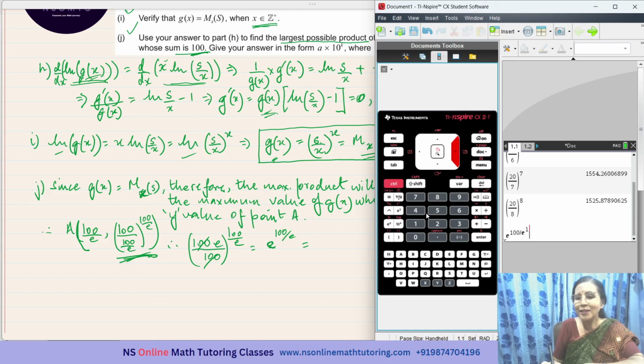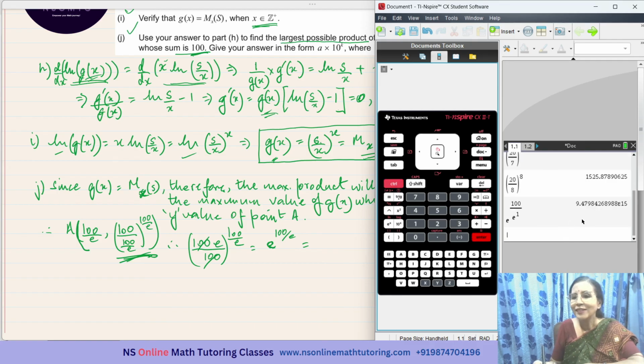So it is this way. Let me see what answer do I get. 9.4798 and so on, and E 15. So it is times 10 to the power of 15. So it will be 9.48. Okay. So I'm taking 9.48 times 10 to the power of 15.